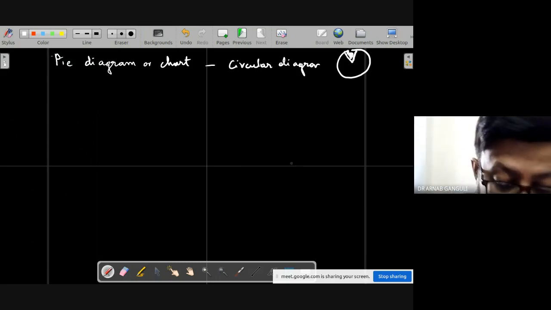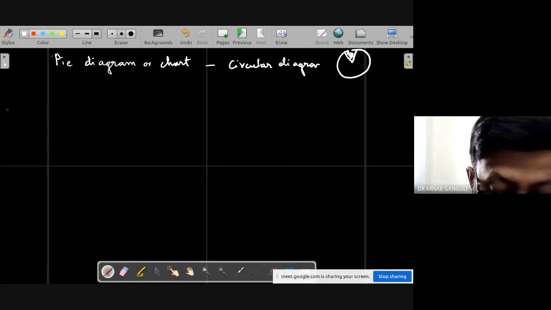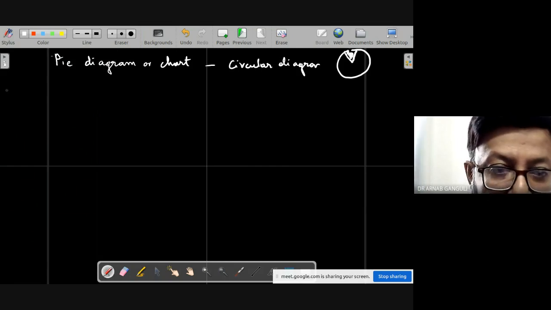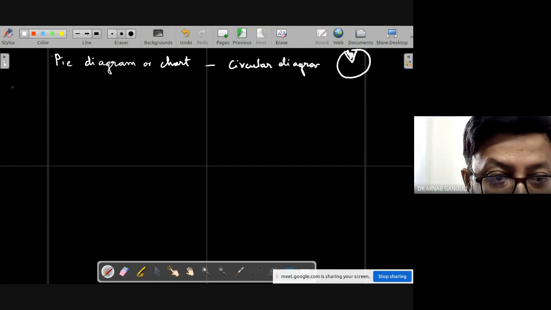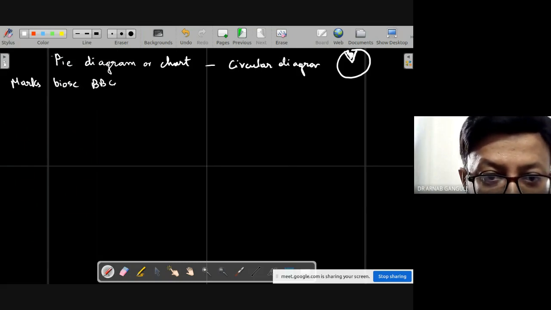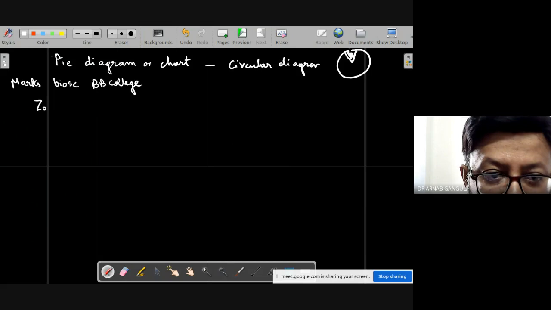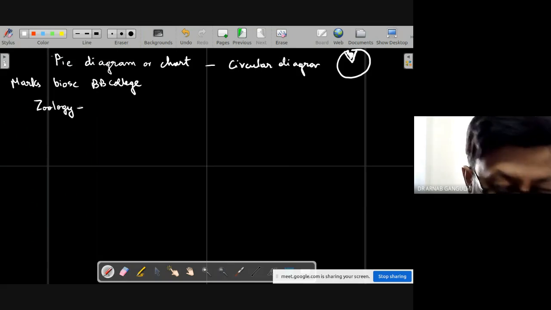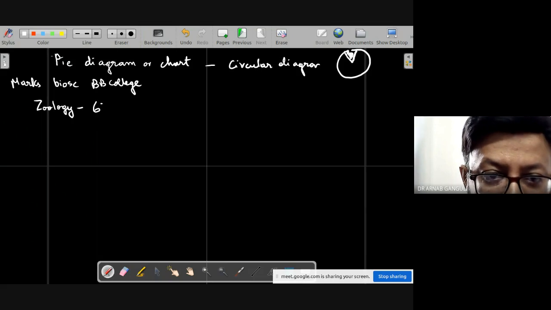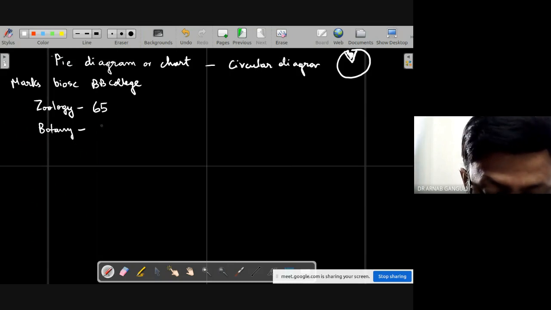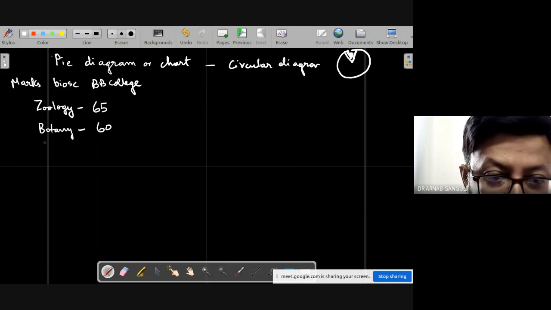So for example, it is marks obtained in a test examination by a bioscience student in BB college. Let's say in zoology he or she gets 65, botany 60, physiology 55.